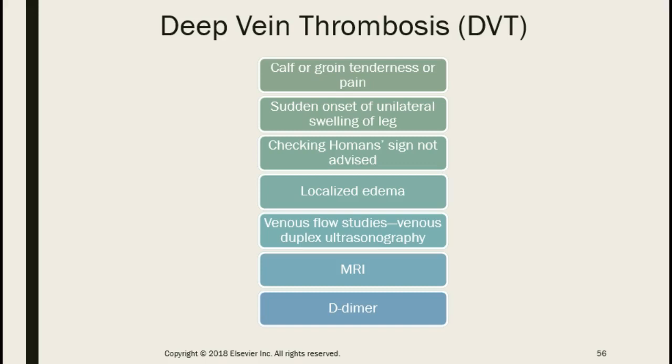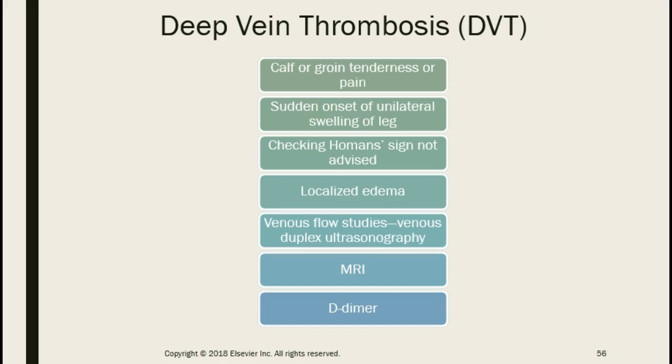We used to always check for Homan signs, but this is not advised anymore. There's risk that that clot that developed in the calf might actually be mobilized by the test that we do for the Homan sign. There's often localized edema.